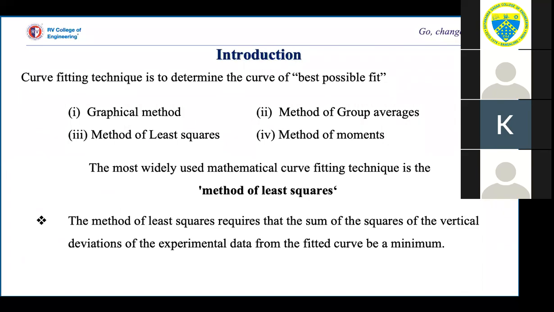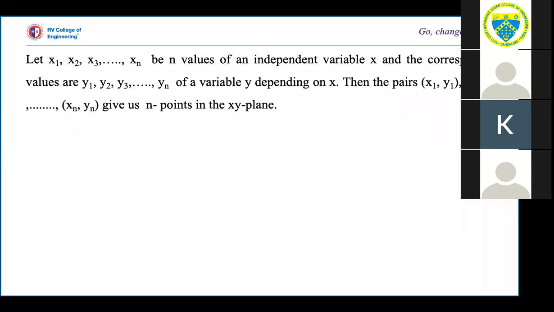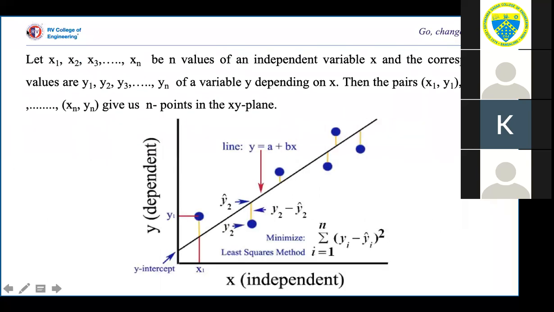It is based on the fact that the sum of the squares of vertical deviations of the experimental data from the fitted curve is minimum. So you have x1 to xn given and the corresponding y known, as I mentioned. You have to have the sum of the squares of this vertical distance be minimum.